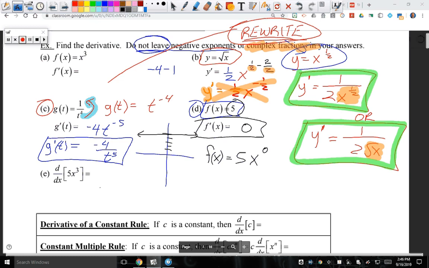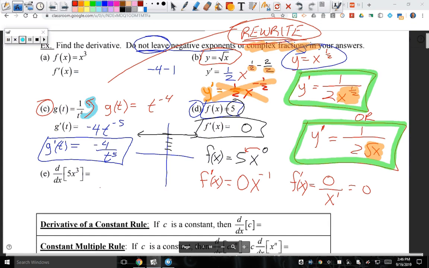If I use the power rule, and I multiply this 5 with 0, automatically what do I have? 0x to the power of what? -1. And if I manipulate this, I have 0 over x to the positive 1. And we know the answer is 0.